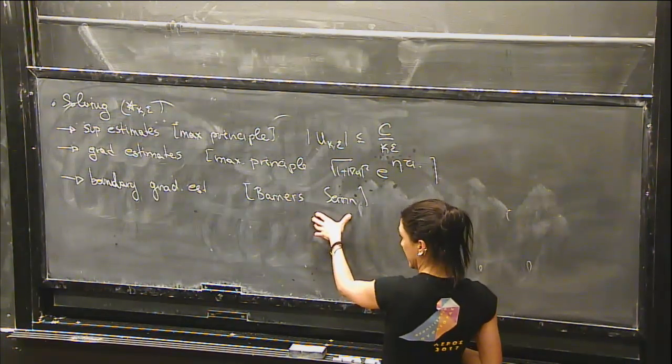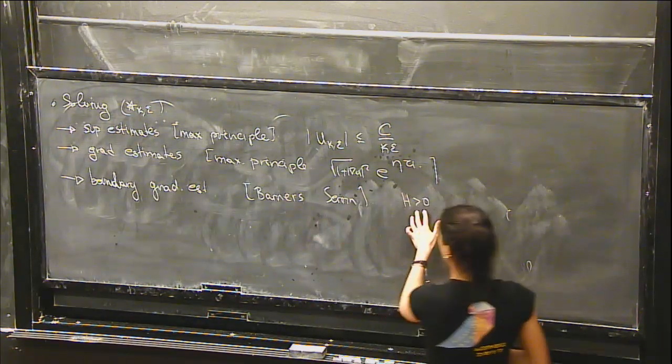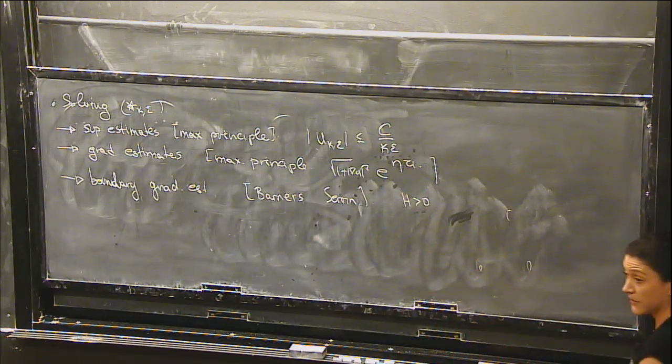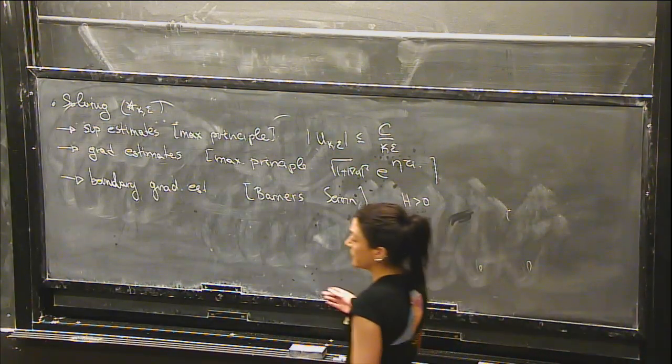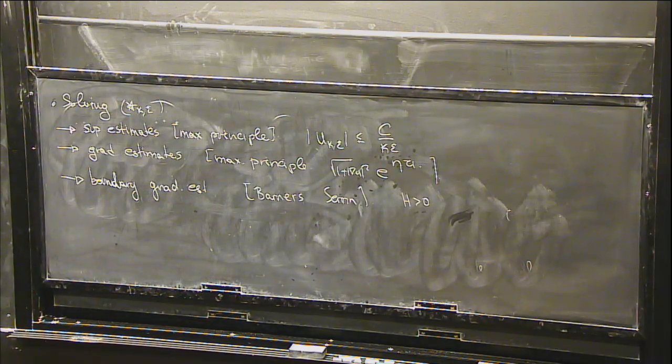For this part, we need H to be positive. Not just H plus P to be positive, but H to be positive. That's why, for the manifold M, we assume that it's flat enough at infinity so that I can start by something that has H positive and H plus P positive.